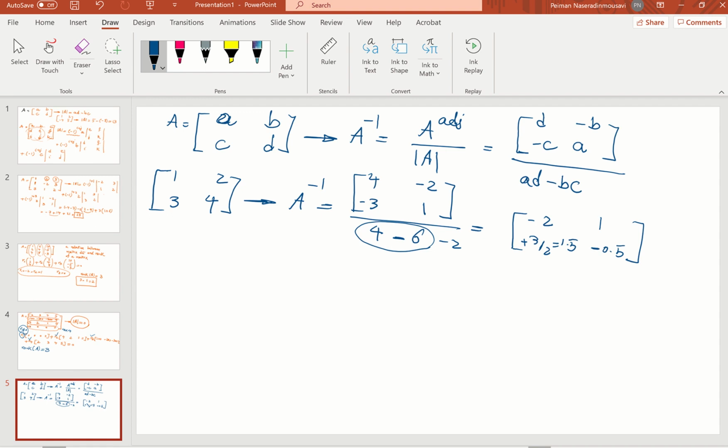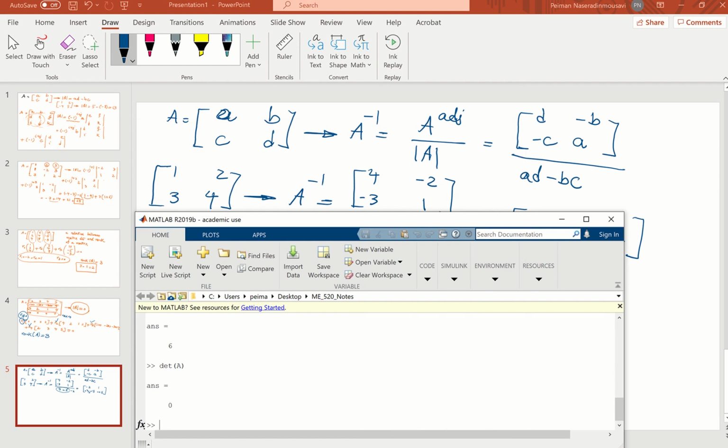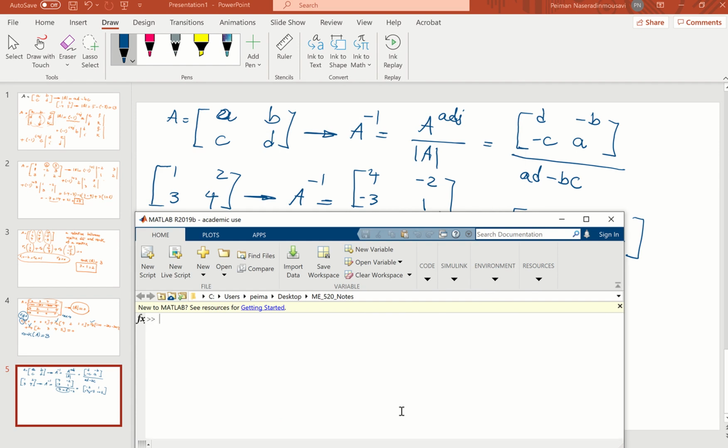But you can avoid that, specifically when you're dealing with higher order matrices. How? Here is what I'm doing. Clear? The matrix A is 1, 2, 3, and 4. You got it? If I type inv, meaning inverse, here we go.